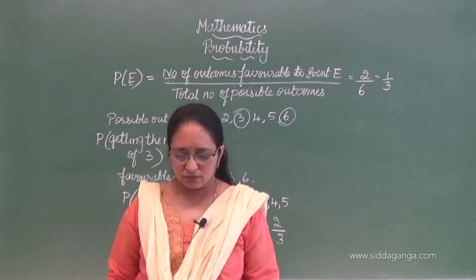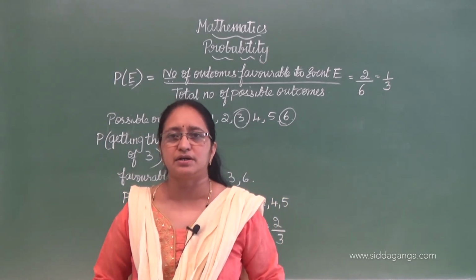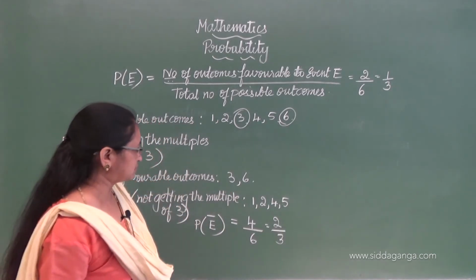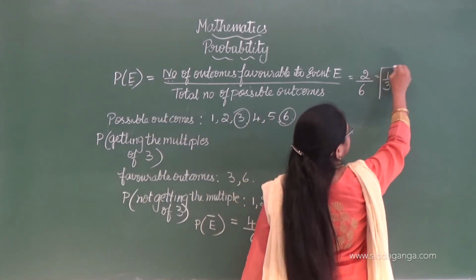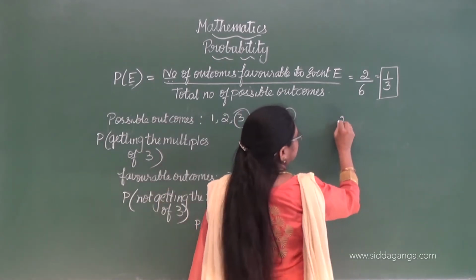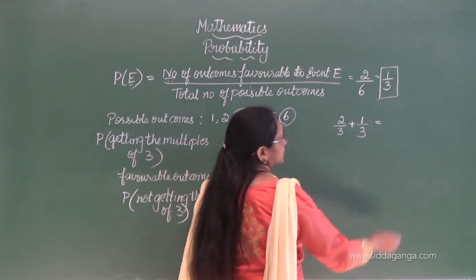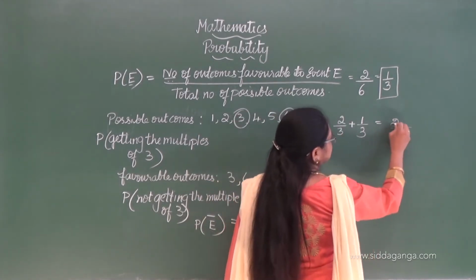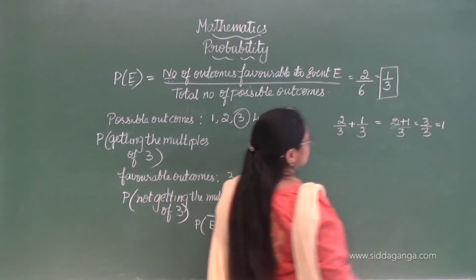This is what I wanted to explain, and I have explained it with the example here. And one more thing, if you observe carefully, this is 2 by 3 and this is 1 by 3. Now I will add 2 by 3 and 1 by 3. How much will you get? 3 is common. 2 plus 1, 3 by 3, which is 1.